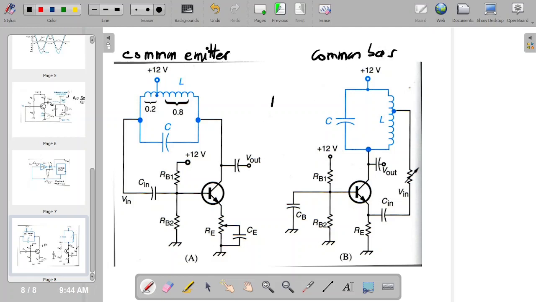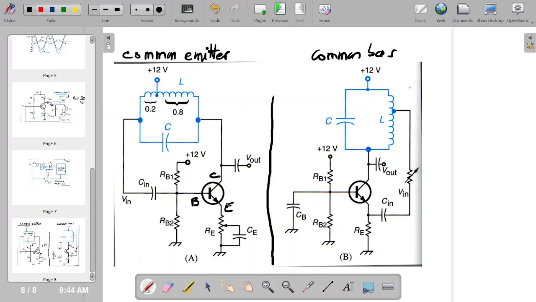Okay, so it's separated here. So this is common emitter. So what happens is that the LC tank circuit is directly connected in the collector lead. So this is the collector, this is the base, that's the emitter. So the LC tank circuit is in the collector lead directly.